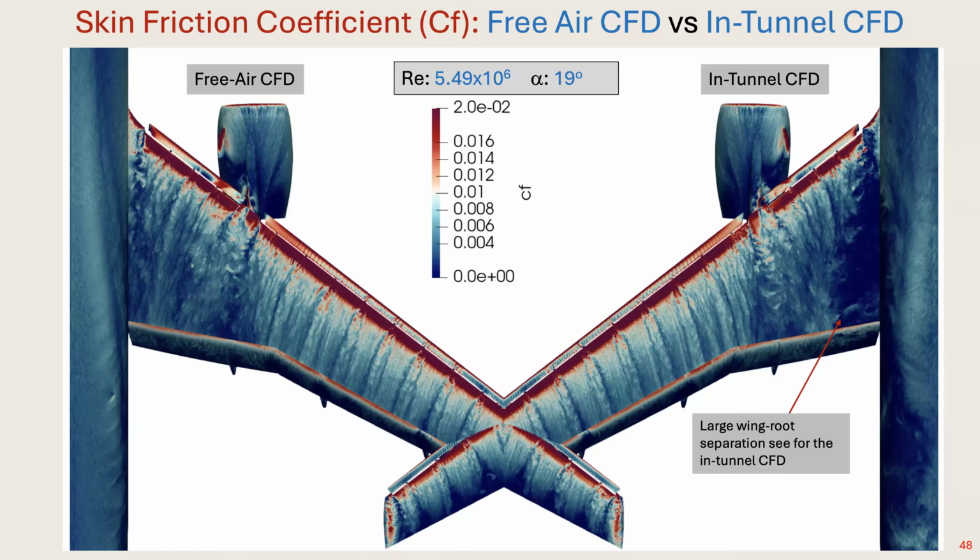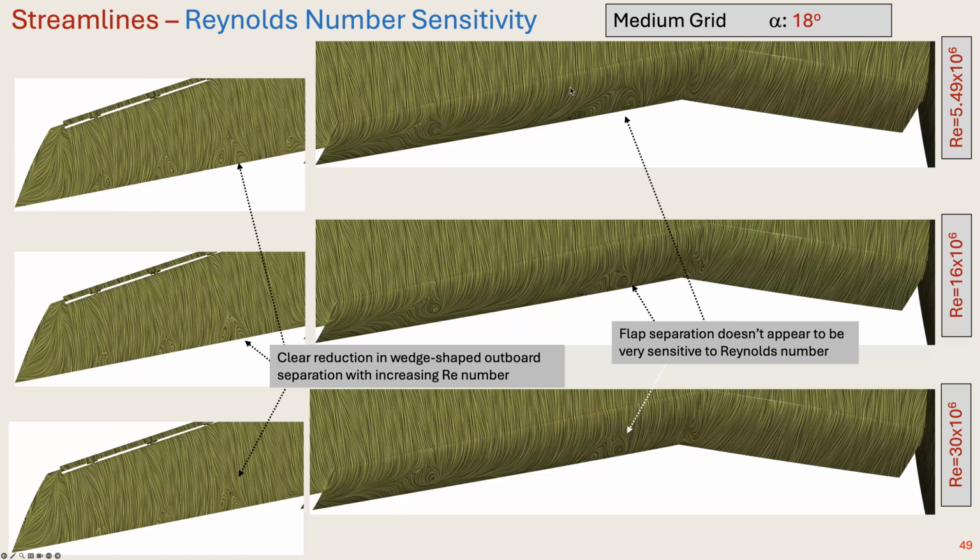When we compare the skin friction, free air versus internal side by side, you see a large wing root separation for the internal. This is a free air case. In terms of Reynolds number sensitivity at alpha 18, there's a clear reduction in the pizza-shape outboard separation as you go from Reynolds 5.5 million to 30 million. Flap separation doesn't appear to be very sensitive.